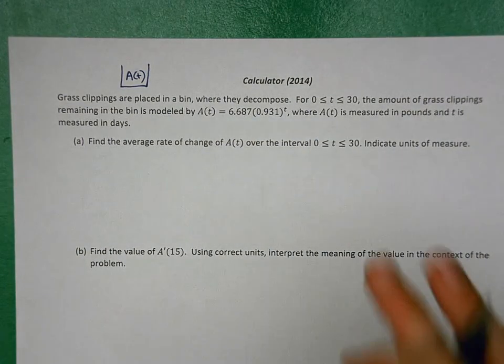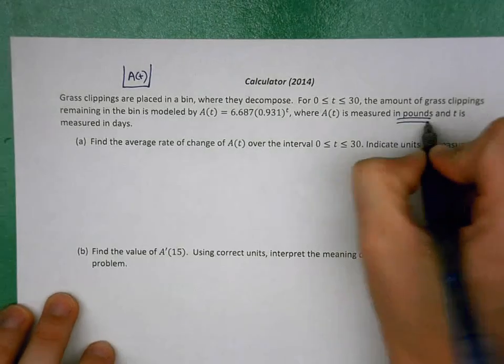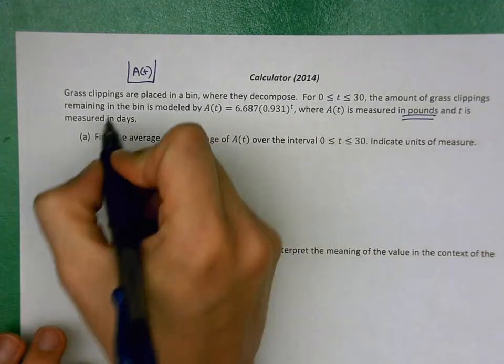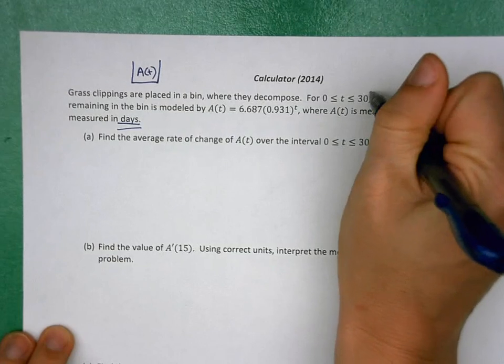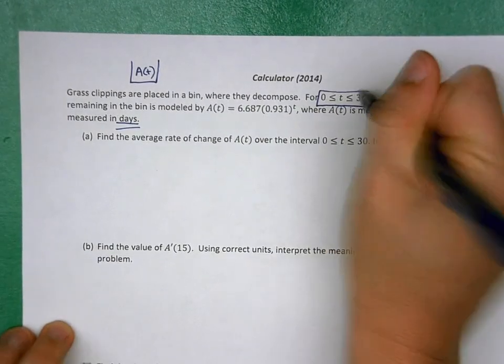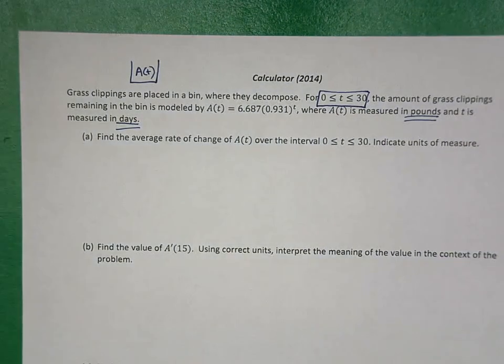And that function is measured in pounds, so I've got some units here to keep in mind, days, and then always make sure you take note of those boundaries, right? Boundaries, again, could be something that you would need to consider within the problems you see this year on the AP test. So take a look at those, right?